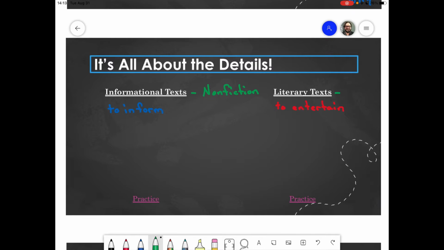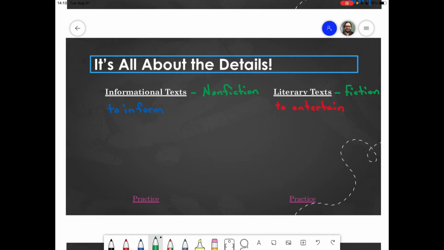And with literary texts, we are referring to fictional writing. So examples of literary text will be things like novels, could be a short story, maybe even a poem.